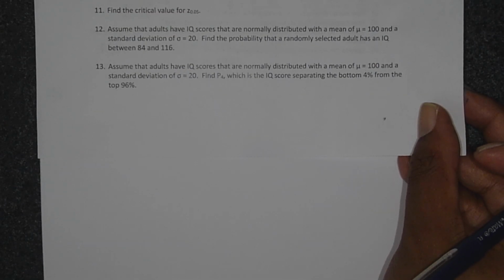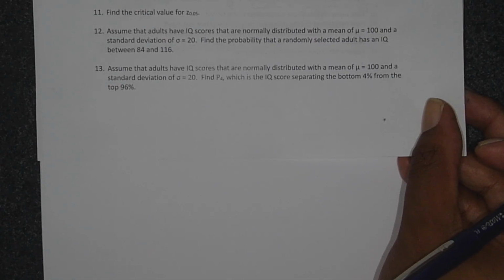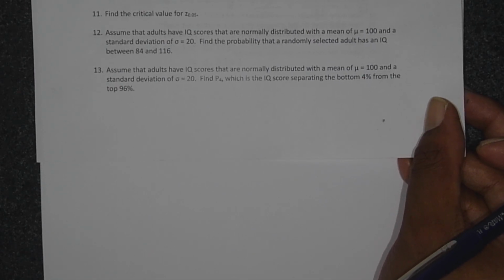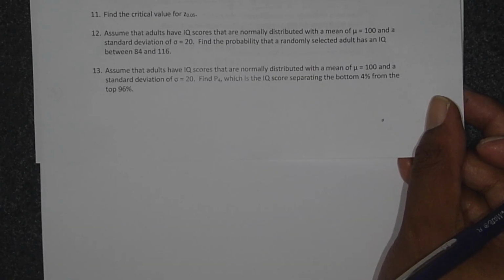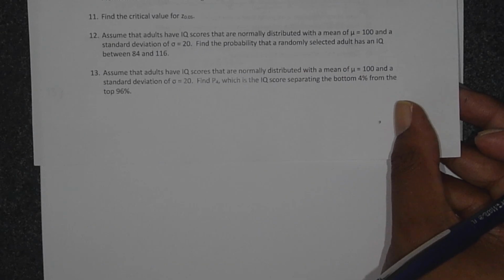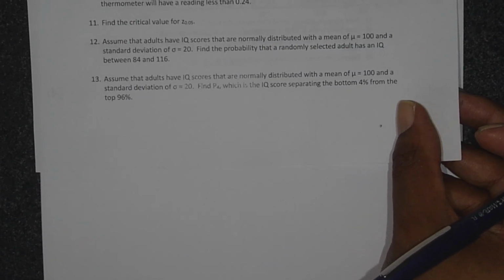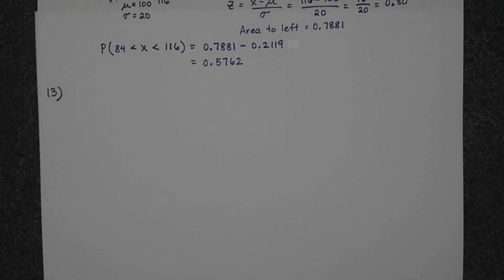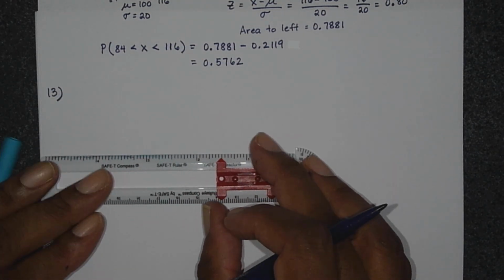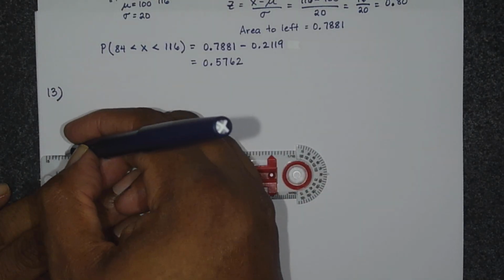Assume that adults have IQ scores that are normally distributed with a mean of mu equaling 100 and a standard deviation sigma equaling 20. Find P4, and that represents the IQ score separating the bottom 4% from the top 96%. So here's another normal curve.